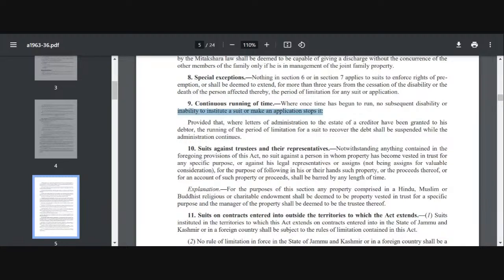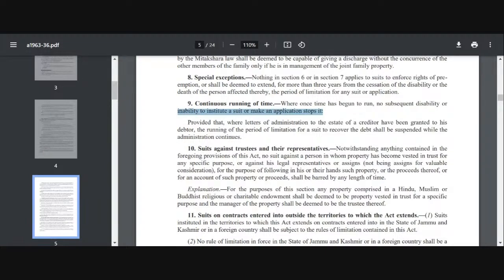The property is always vested in the trustee. The beneficiary can bring the suit against the trustee at any time without being barred by limitation laws. So the law of limitation is not going to bar the beneficiary of this trust property from bringing a suit against the trustee of the property.